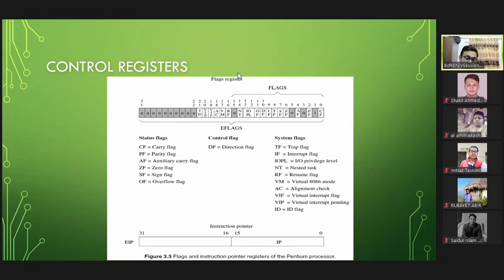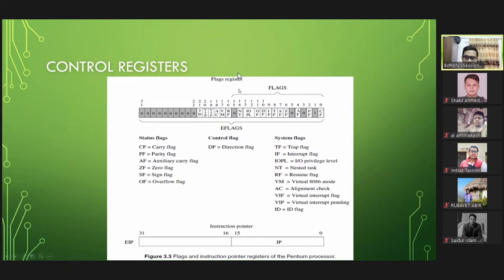So it will always be easier and faster for the processor, because it knows which instruction is going to be executed next. So the IP, instruction pointer, saves that memory location. If that memory location is 16-bit long, you store it into the IP register. If it is 32-bit long, then you use the EIP register, extended instruction pointer.